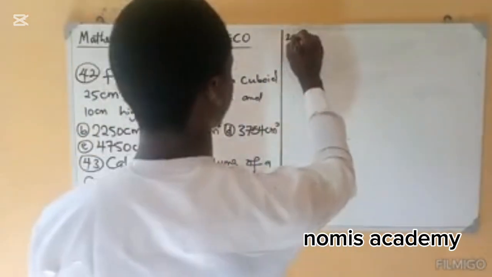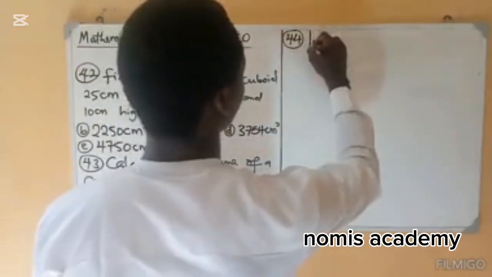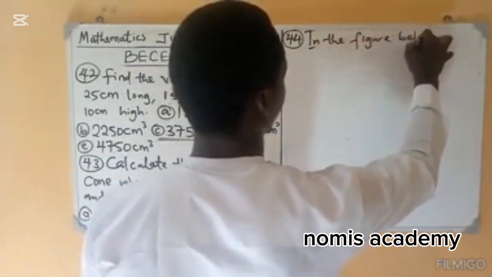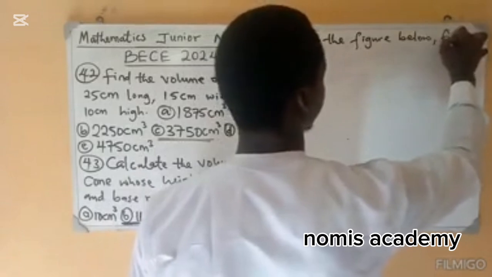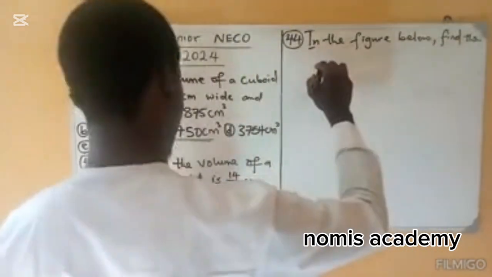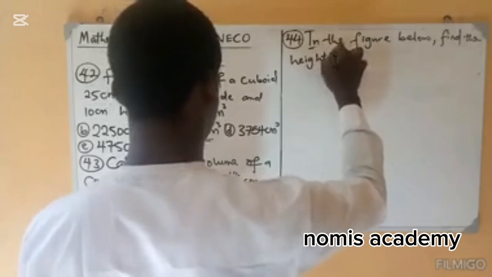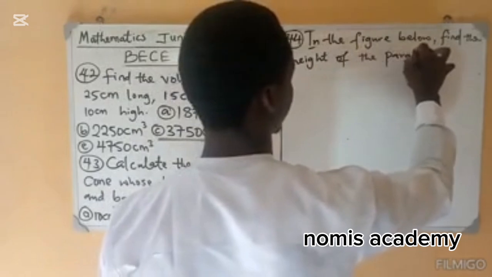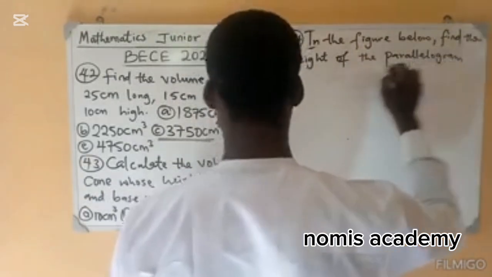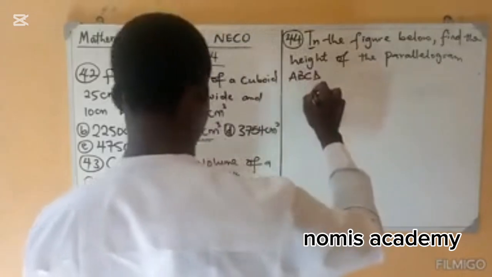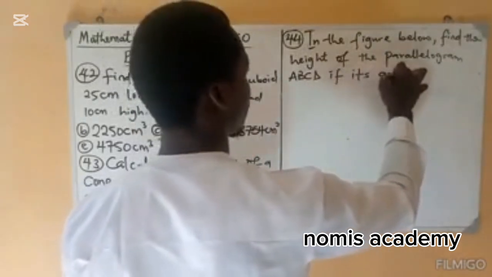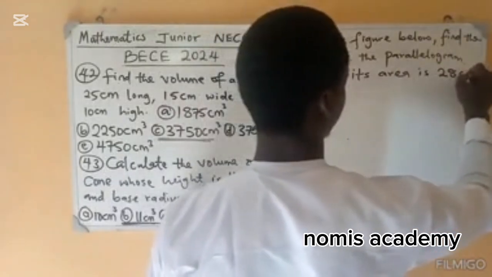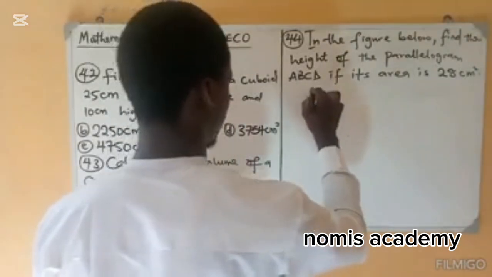It says, in the figure below, find the height of the parallelogram ABCD if its area is 28 centimeters square. Now this is the parallelogram.